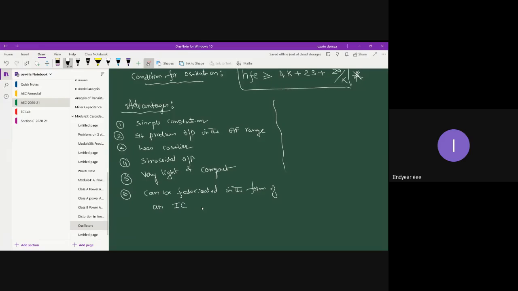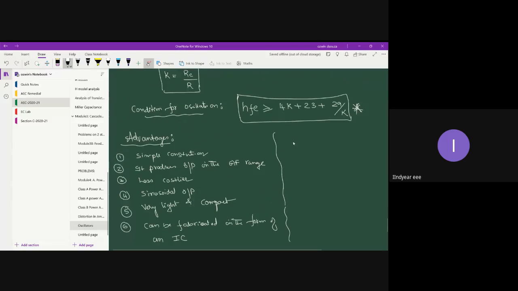Instead of taking discrete resistors and capacitors for a particular frequency, you can think of fabricating the entire oscillator circuit in the form of an integrated chip. Fine, so these are the advantages, and now the disadvantages.